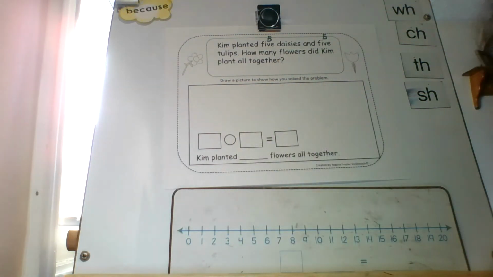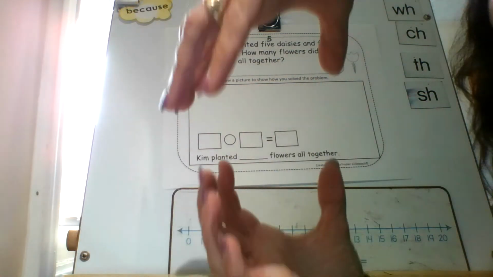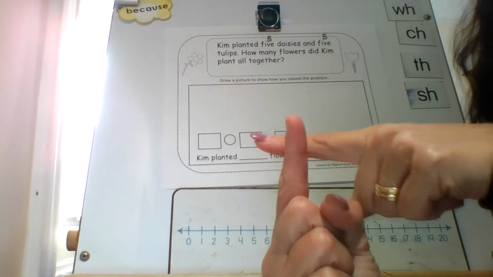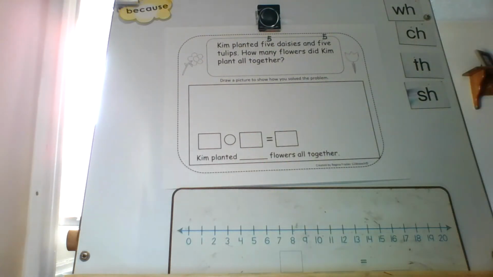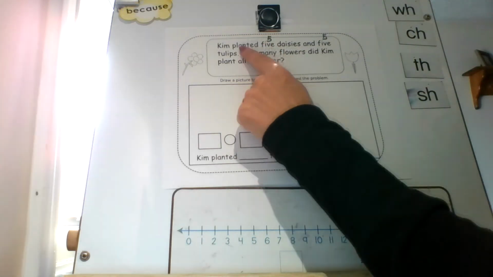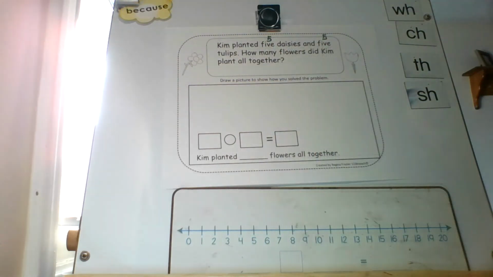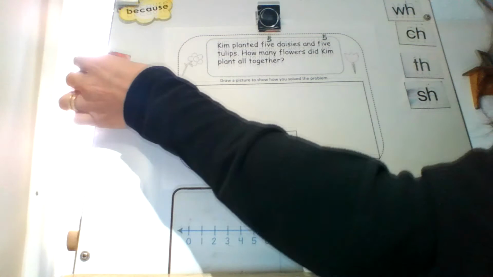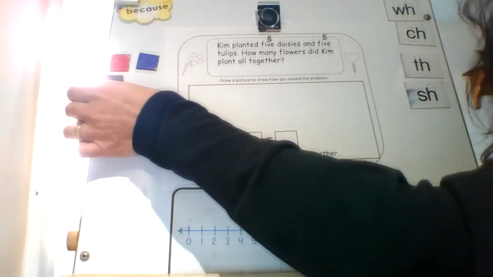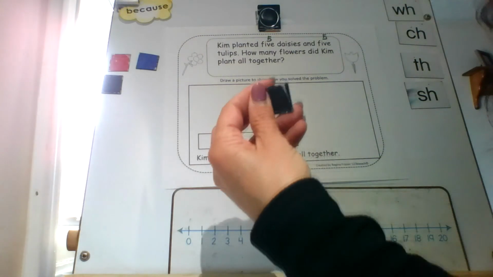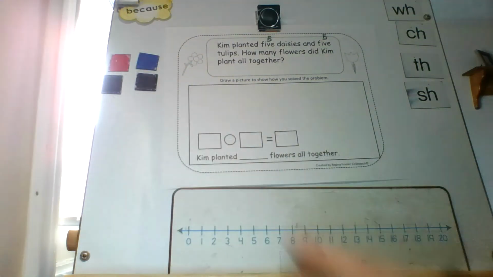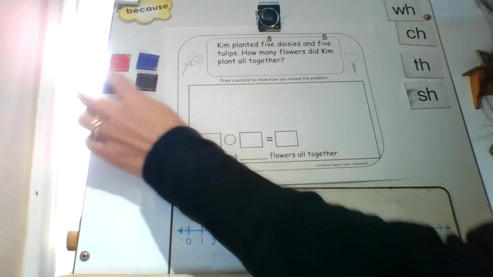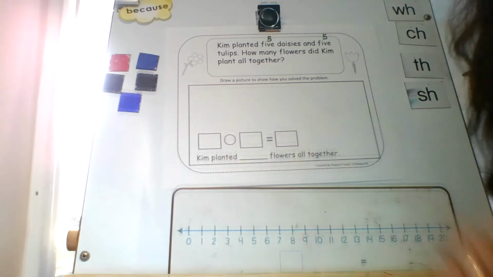Ooh, when we hear all together, it means put it together and plus. So start with your counters or manipulatives. First, she planted 5 daisies. So get your 5 daisies out there. 1, 2, 3, 4.